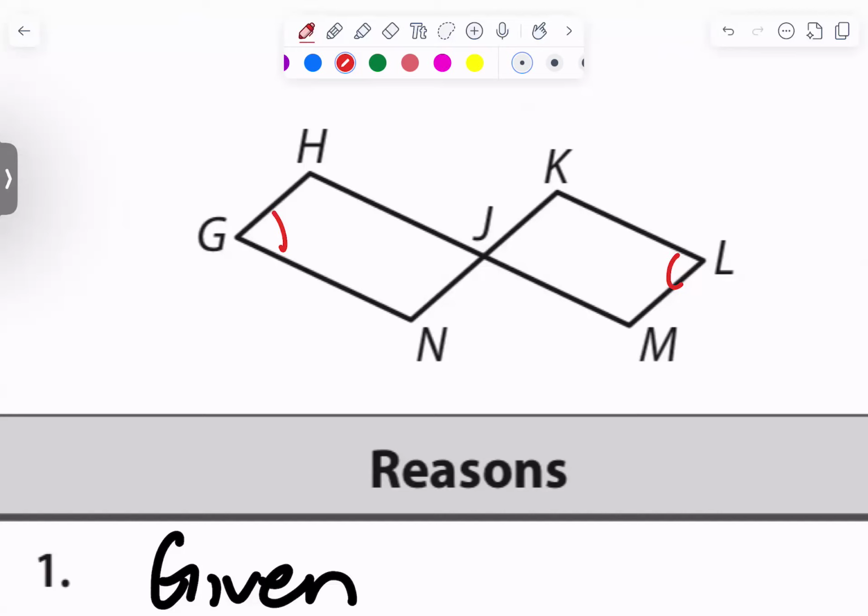Okay, just prove it in your head. Oh, they are congruent because blah, blah, blah. Okay. If opposite angles are congruent, then I know angle G is congruent to angle HJN, and angle L is congruent to KJM, right? Now what?